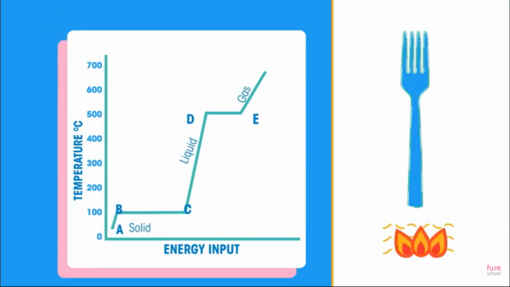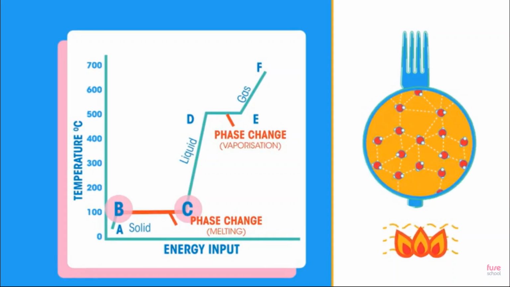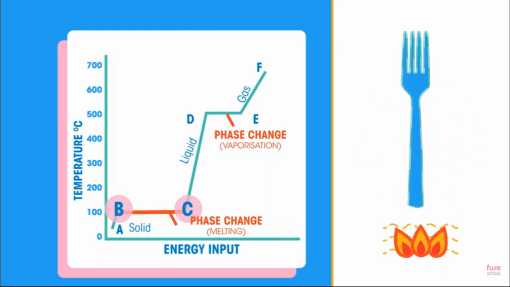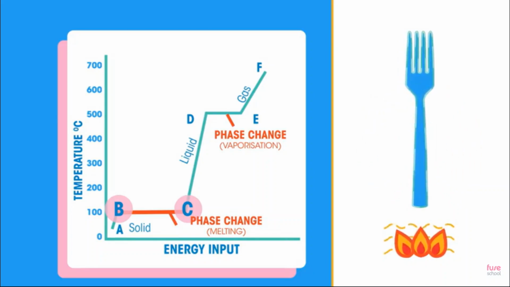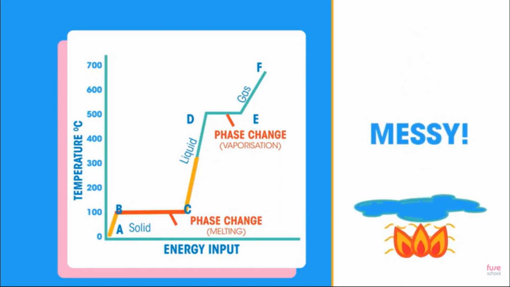If we heat up a plastic fork to its melting point, see between points B and C on this graph, the heat energy it absorbs at its melting point is busy breaking the bonds between the individual plastic molecules. Once enough bonds between molecules have been broken, the fork will melt and become liquid plastic. Messy. After this point, if we keep heating up the melted plastic, a temperature rise will be detected.